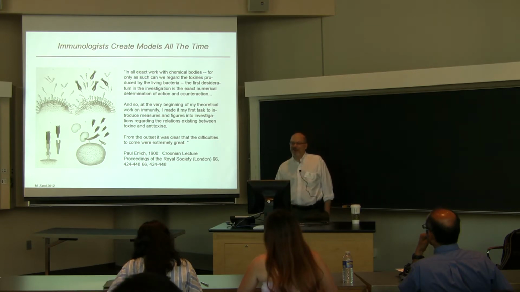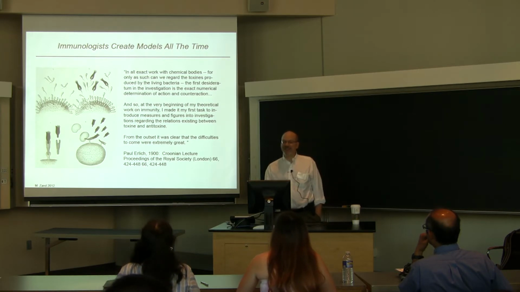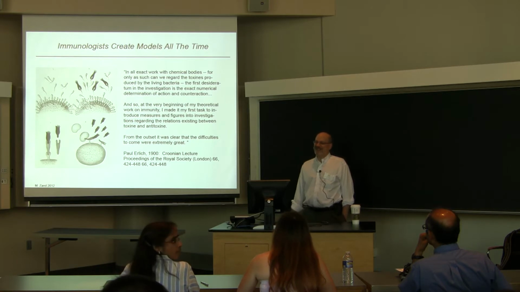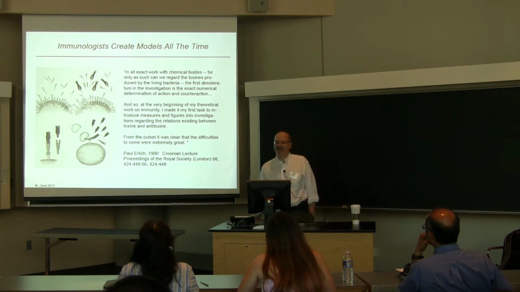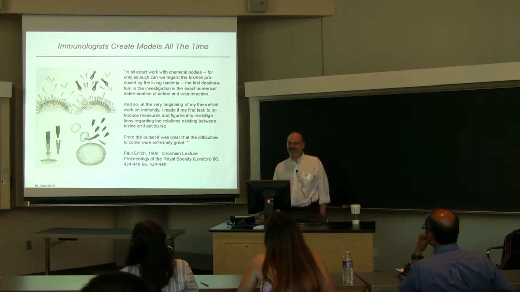And this quote from Ehrlich demonstrates one of the key issues in modeling. He says, at the very beginning of my theoretical work in immunity, I made it my first task to introduce measures and figures into the investigations regarding relations existing between toxin and antitoxin.